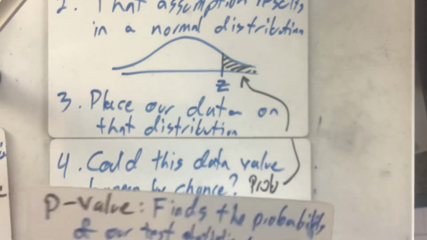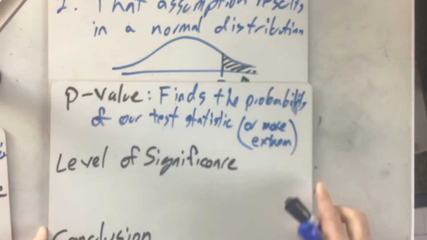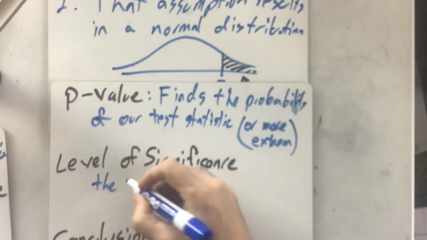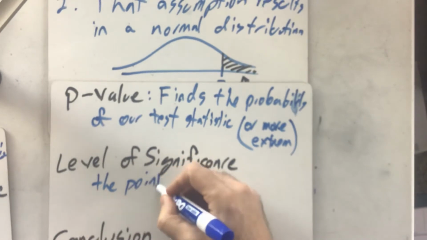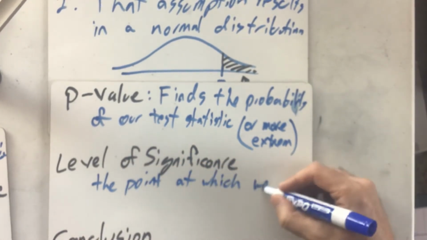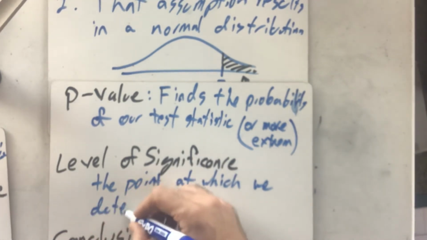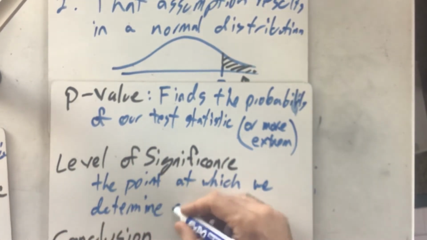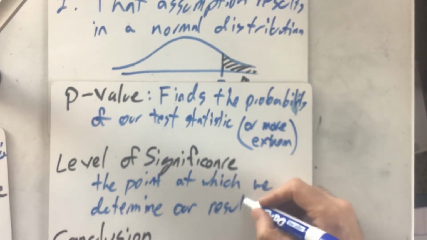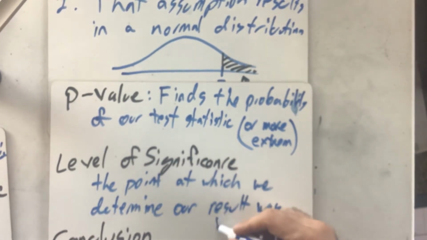Okay, so at this point, we now have what we call the level of significance. And the level of significance is just the point at which we determine our result was unlikely.